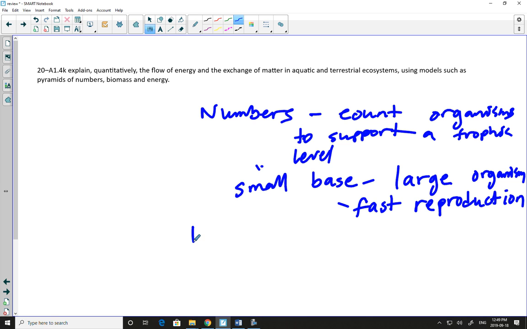Okay, biomass is another one that we could use. And biomass, of course, is what? The dry tissue, right? But same thing, dry tissue needed to support the next trophic level. It's a little bit more accurate, but not entirely to show the energy.